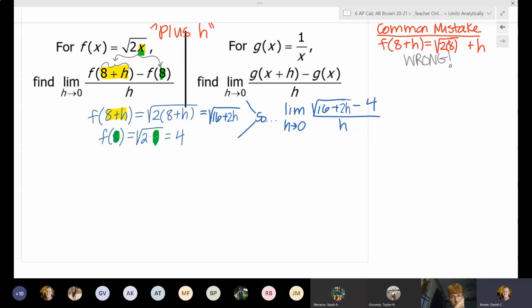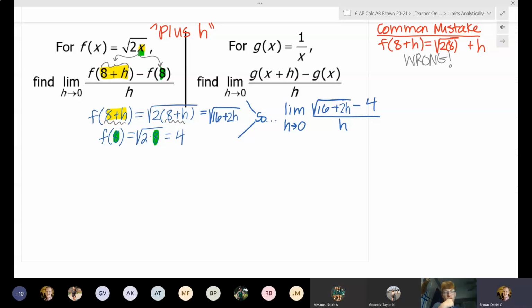I like setting up those off to the side. Some people can just write the limit down all at once. But if I'm setting this up, I'm going to talk about the f of 8 plus h first. So what I have highlighted in yellow, f of 8 plus h, tells you whenever you see an x, it has been replaced with 8 plus h. So instead of saying the square root of 2 times x, I have the square root of 2 times 8 plus h.